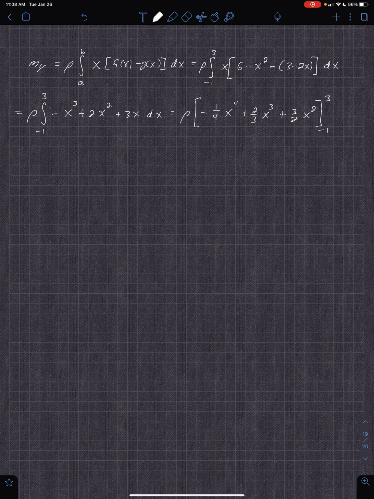Okay, now you substitute and solve. And you get rho, and then it's -1/4, 3 to the 4th, 2/3, 3 cubed, 3/2, 3 squared, minus quantity, and then you're changing signs if it's odd power and not if it's even power, because it's the -1.